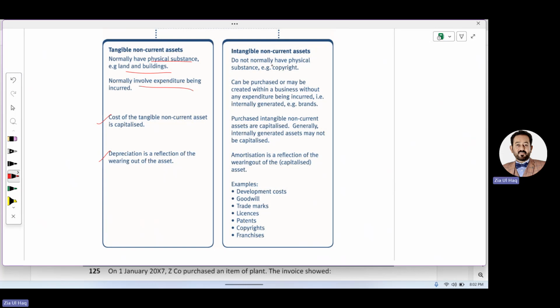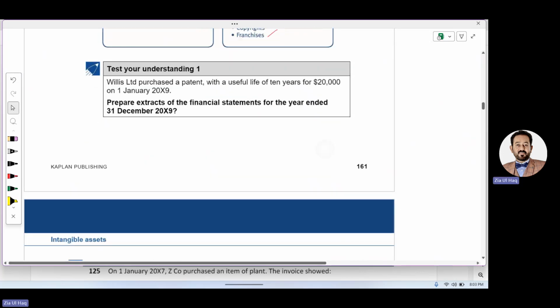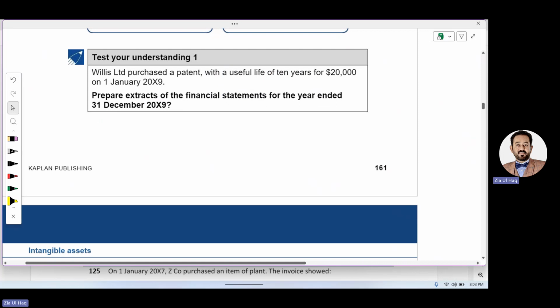Intangibles do not have physical substance, and can be purchased. Like brand purchase will be capitalized, internally generated cannot be capitalized. Purchased intangible non-current assets are capitalized. Generally, internally generated assets may not be capitalized, like brands, and they will be amortized. Examples: development cost, goodwill, trademark, license, patents, copyrights, franchises. That's your understanding. Please solve it.